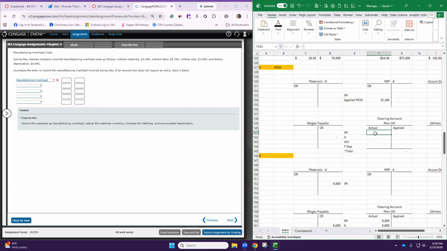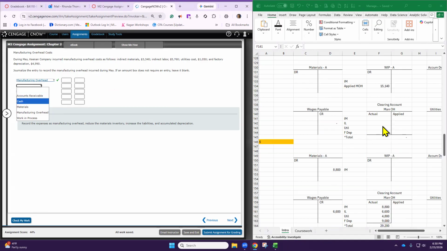Okay, so there it is, manufacturing overhead. So once again, I am going to key in the debit and the okay, so oh, here's what's going on.